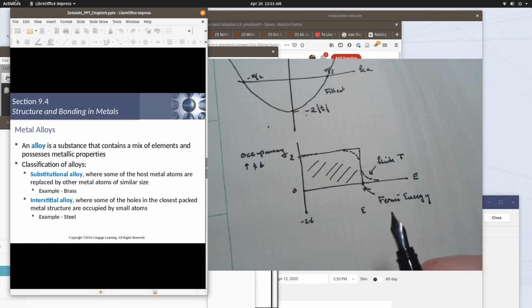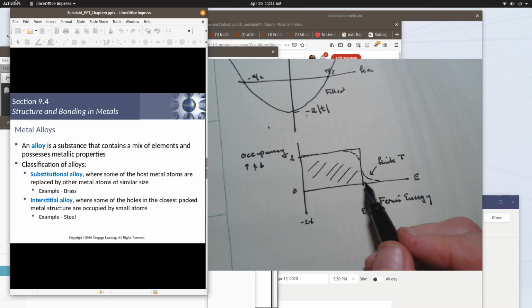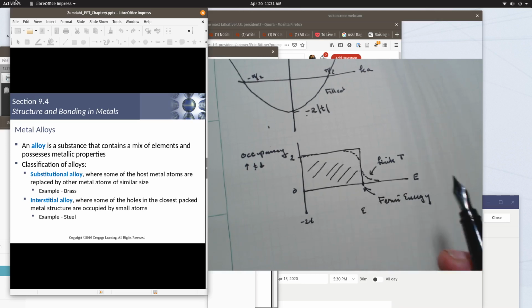Now, if I were to introduce impurities into this system, I can start mixing different elements and create different kinds of materials, by knocking one atom out of its site, or maybe packing other elements into different sites.